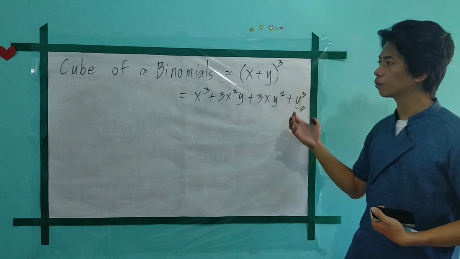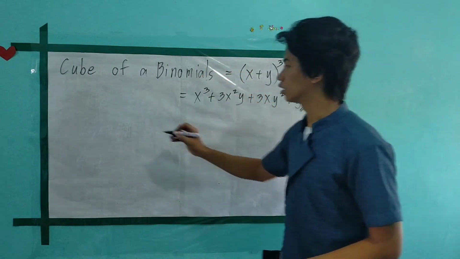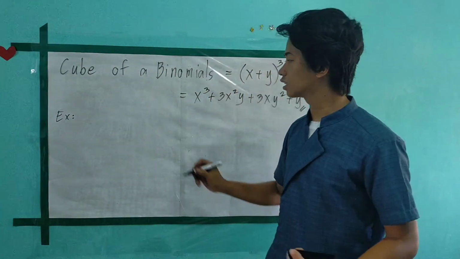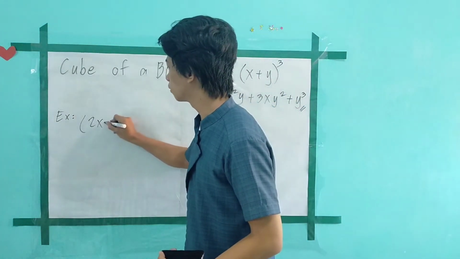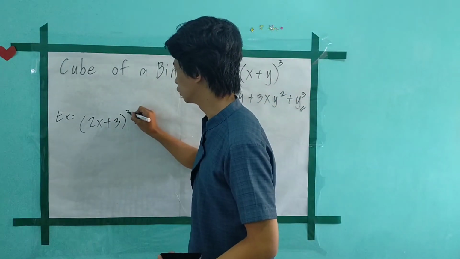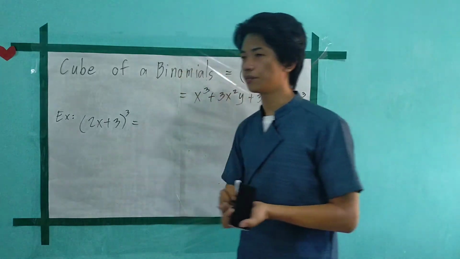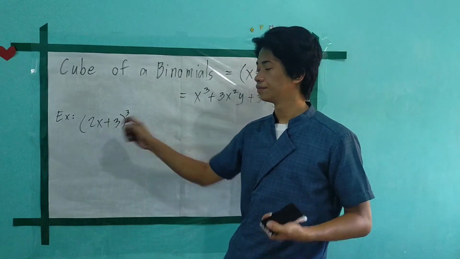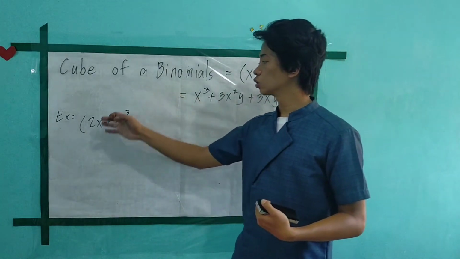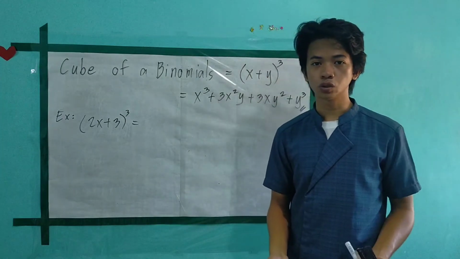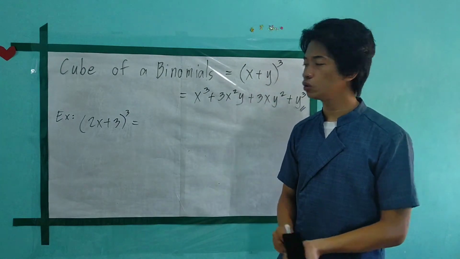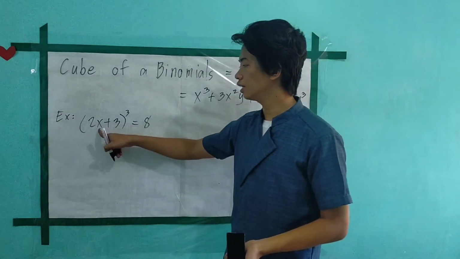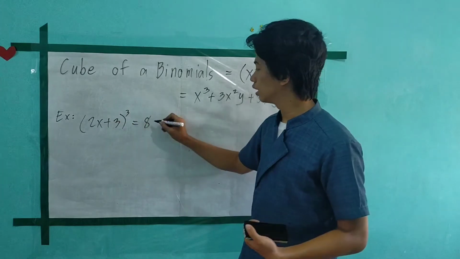So let's have an example regarding this lesson. Let's say our example is 2x plus 3 cubed. So the first step is cube of our first term. So what is 2x cubed? 2 times 2, 4. 4 times 2, we have 8. Then the variable is x. Then let's cube it.